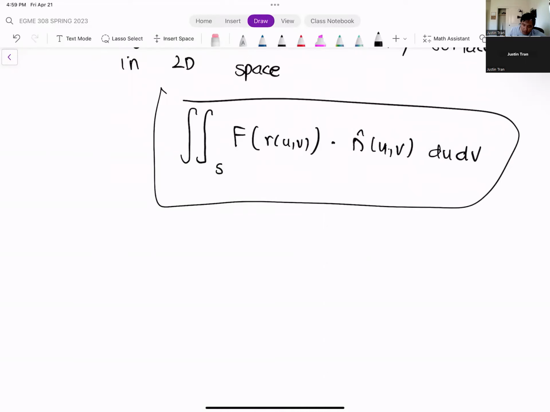But what's most important about the surface integral here is its physical interpretation. And so the surface integral, mostly due to this part right here where we're taking the dot product, remember, represents what's known as the flux, or how much a vector field passes through a 2-dimensional surface in space.